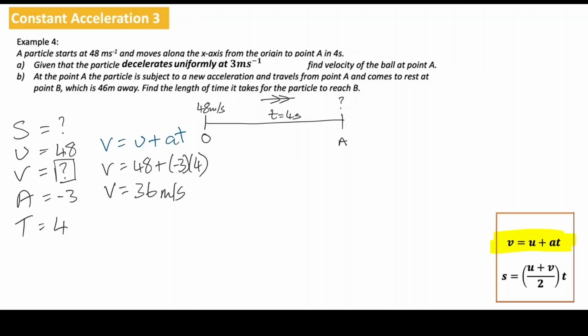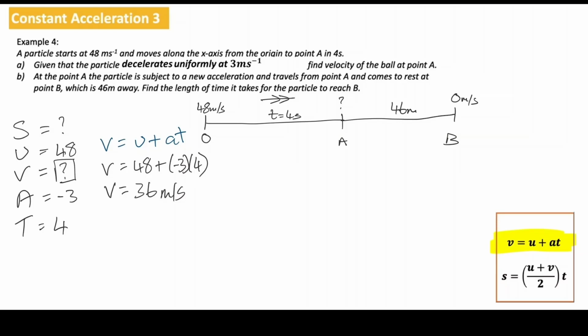Okay, continue reading. We'll see the object comes to rest at point B, which is 46 meters away. Okay, we're going to extend the diagram. 46 meters away. Coming to rest means the velocity becomes 0. Rest means it's stationary. It's not moving. It has no velocity. Velocity equals 0.